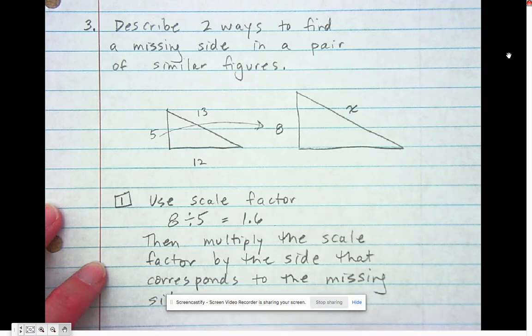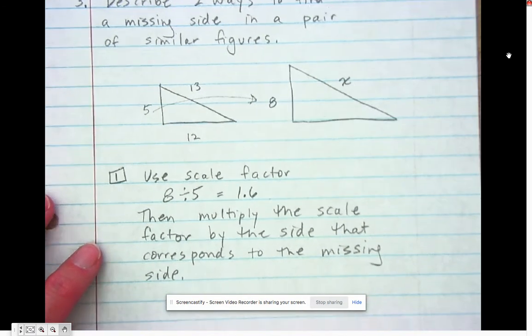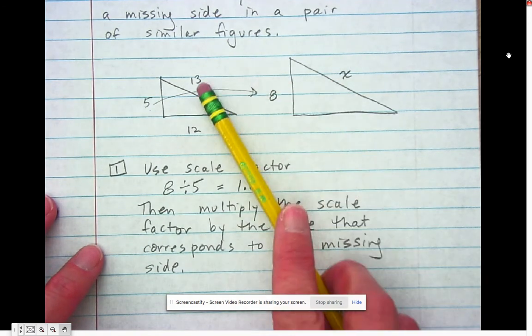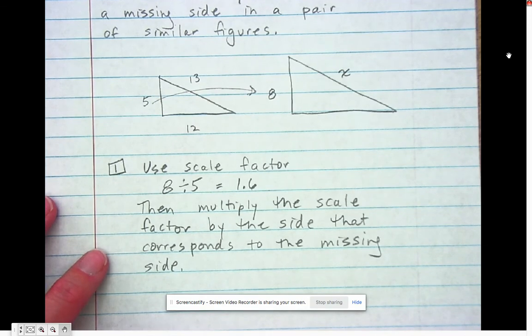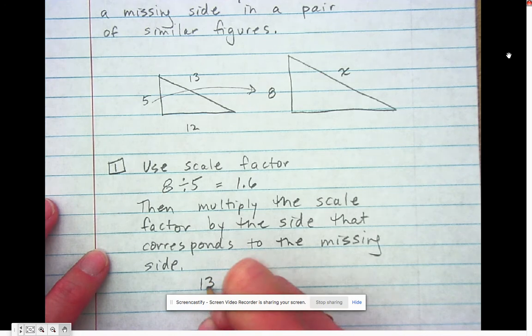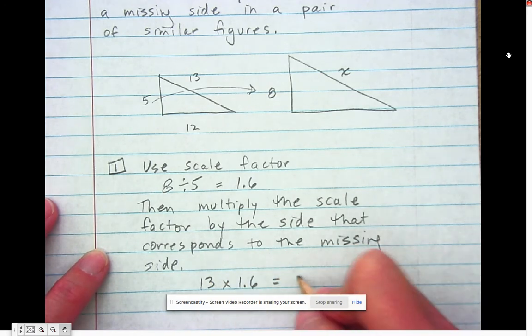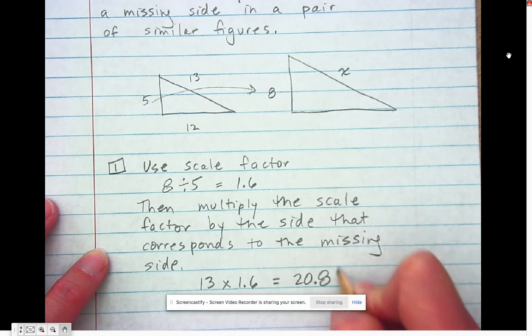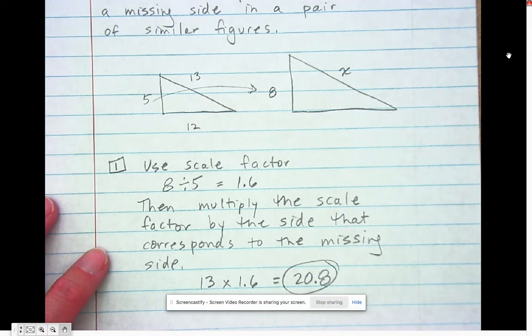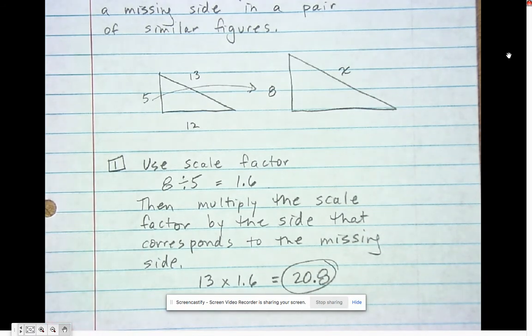My missing side was x. What side corresponds with that? Looks like 13. So I'm going to use that scale factor of 1.6 and multiply that up. I take 13 times 1.6, and I get 20.8. So the length of x right here would be 20.8. I just scaled it up, figured out that scale factor.